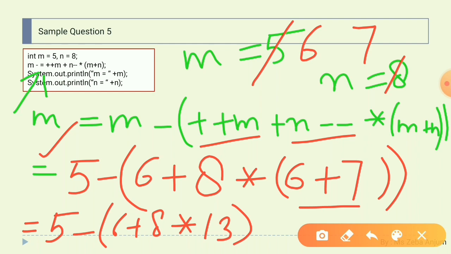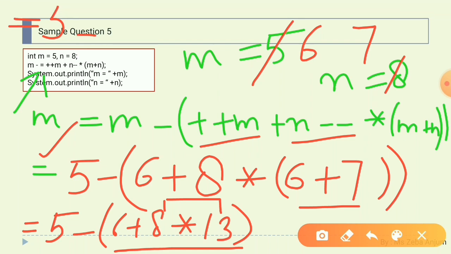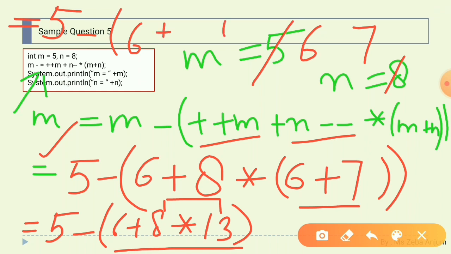Yes, now in this expression firstly this bracket will be solved, and within this bracket firstly this multiplication will be solved. Please try to remember that precedence rule that we have discussed in the previous slides. Now if you multiply 8 by 13, we are going to get 104, so the expression becomes 5 minus (6 plus 104).